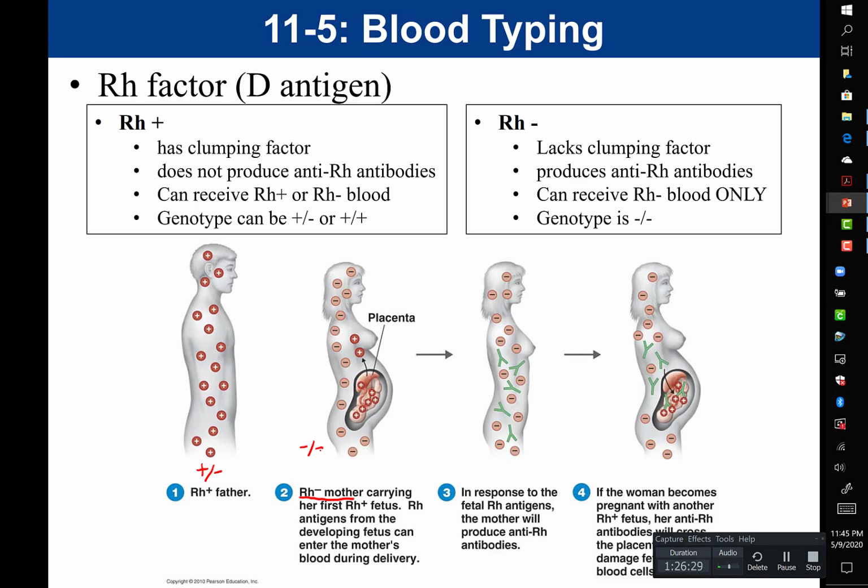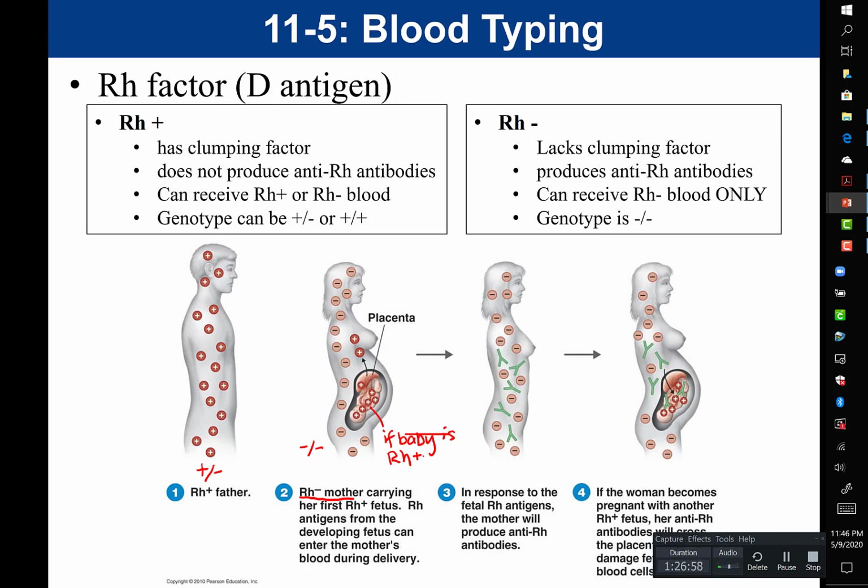However, dad is Rh positive, which means that he has the potential to give that positive allele to the baby. So the problem comes into play if baby is also Rh positive.